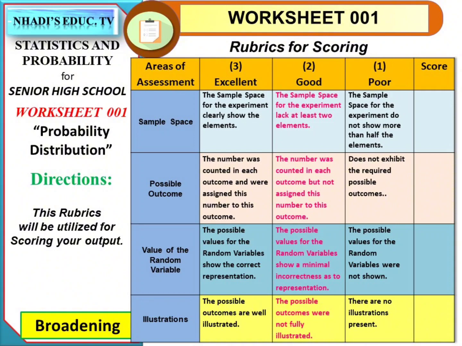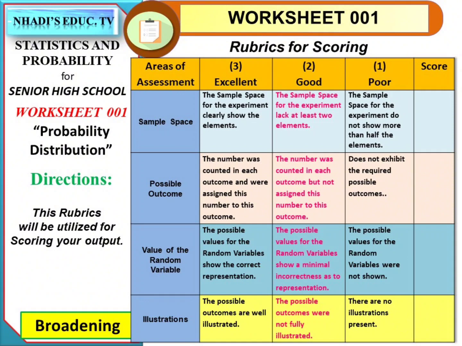For the possible outcome, 3 for excellent: the number was counted in each outcome and was assigned to this outcome. 2: the number was counted in each outcome but not assigned to this outcome. And 1 point: does not exhibit the required possible outcomes.